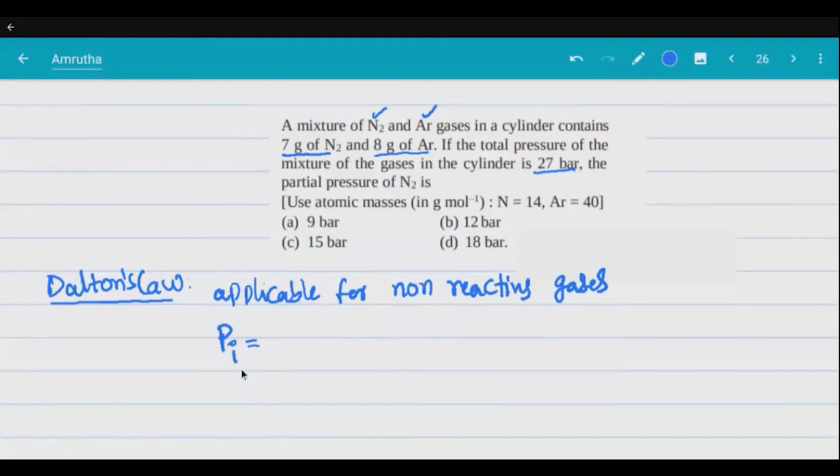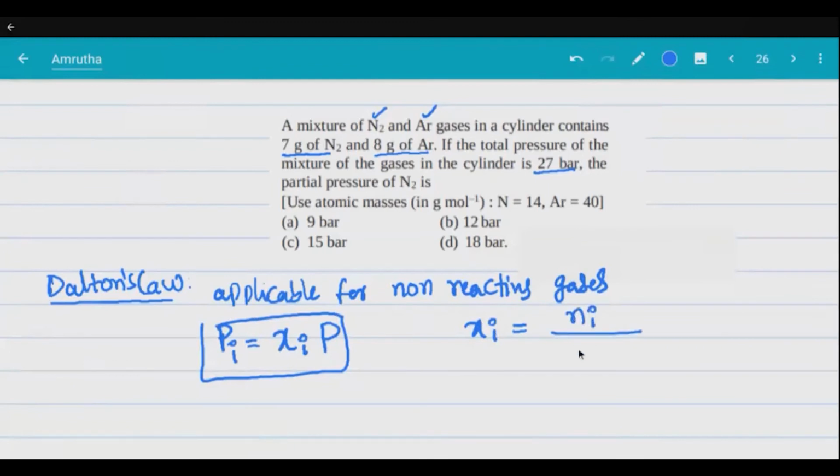So I am using the ith gas. Pi is equal to the mole fraction of that gas into total pressure. So this is Dalton's law. Mole fraction is equal to the number of moles of that gas by total moles.